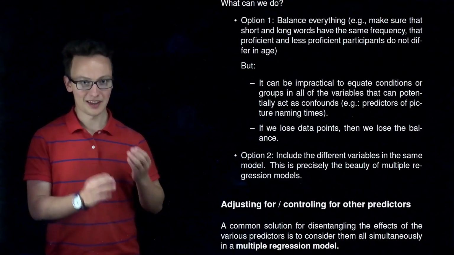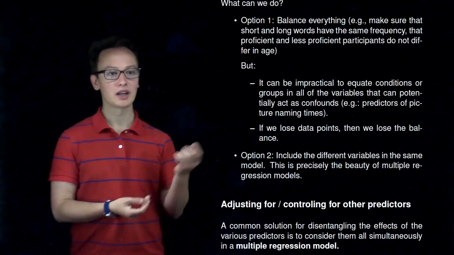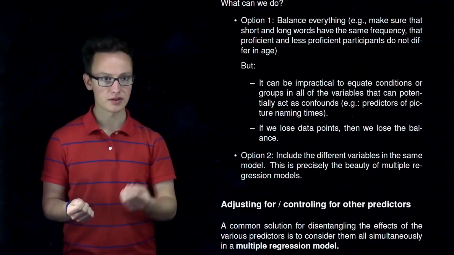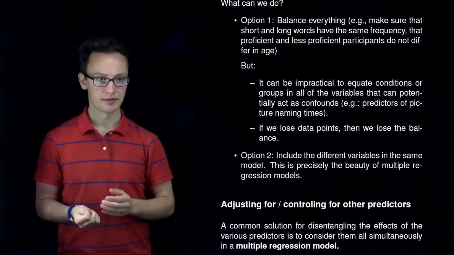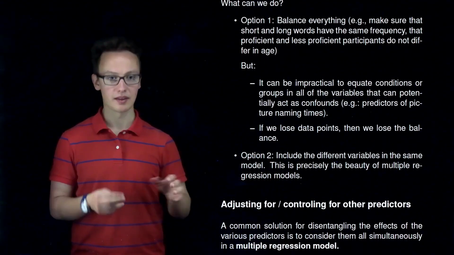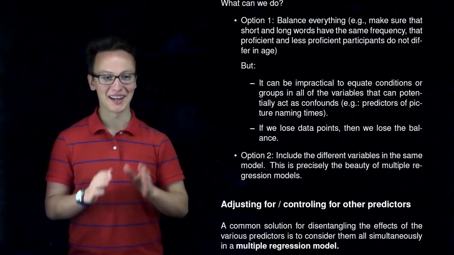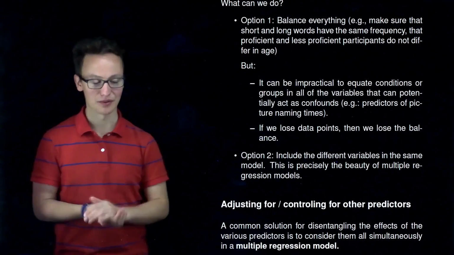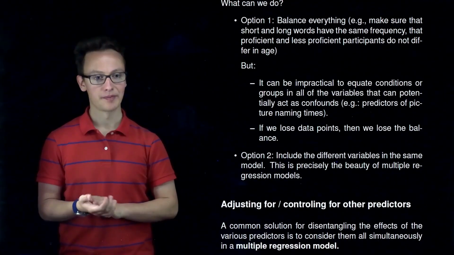Option 2 is a great solution. Option 2 is to include different variables, let's say age and proficiency, within the same model in a multiple linear regression model. And this solves the issue, and we're going to see why, but that's precisely the usefulness of a multiple regression model.